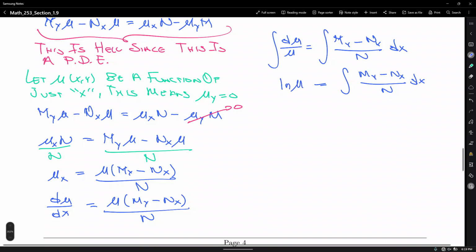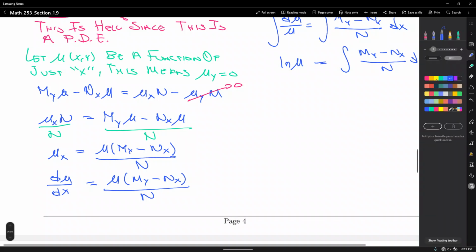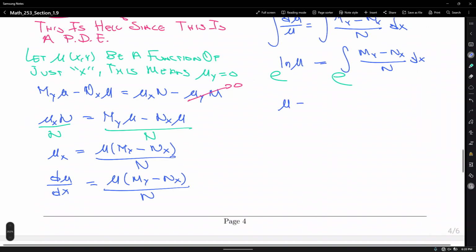I'm going to omit the absolute value bars for now. To make this simpler, how about we exponentiate both sides? So mu equals e to the integral of m with respect to y minus n with respect to x over n dx. And that's the end of the proof.